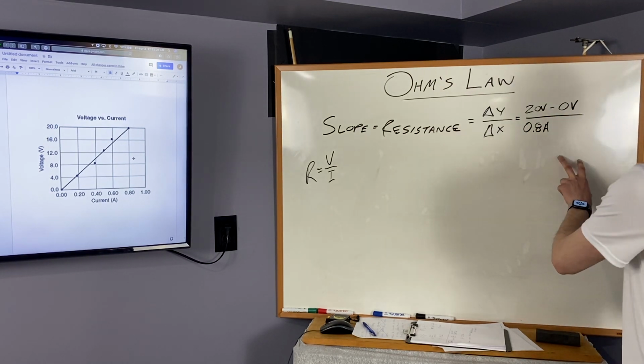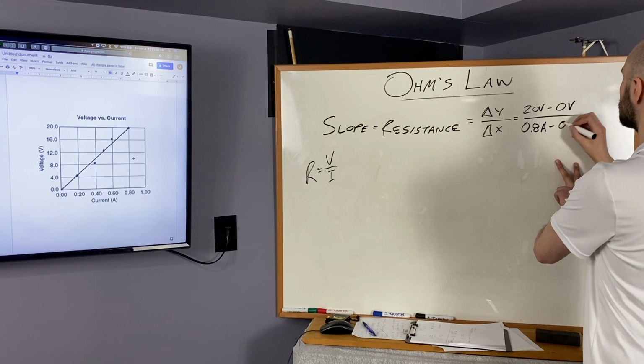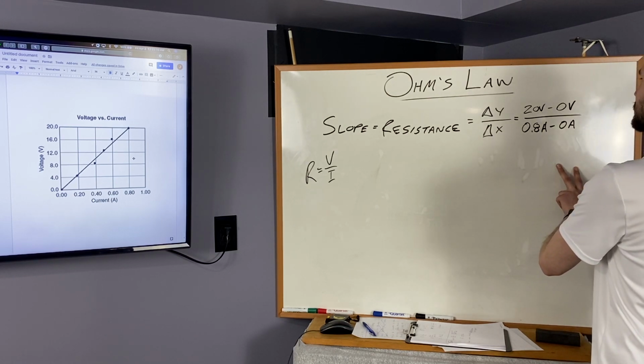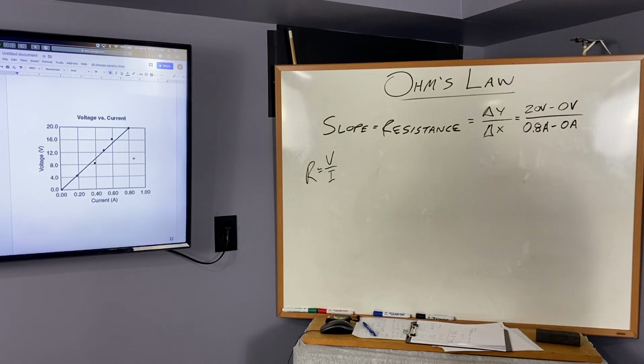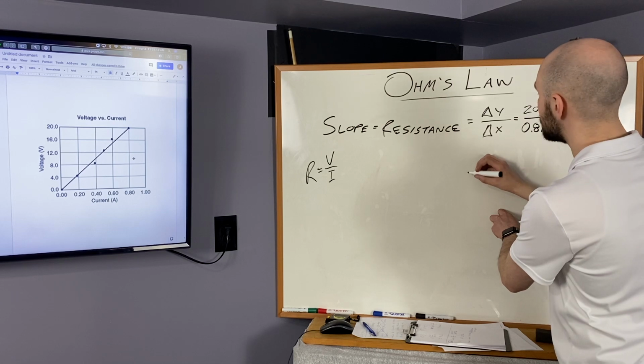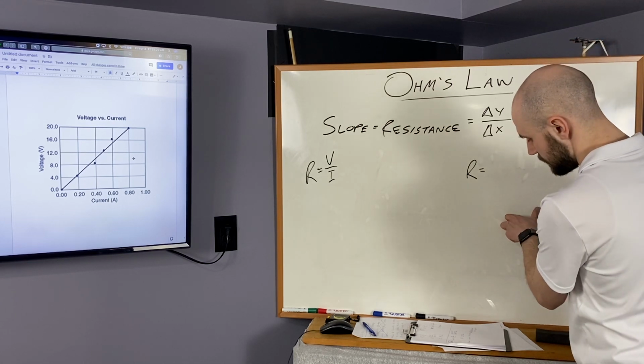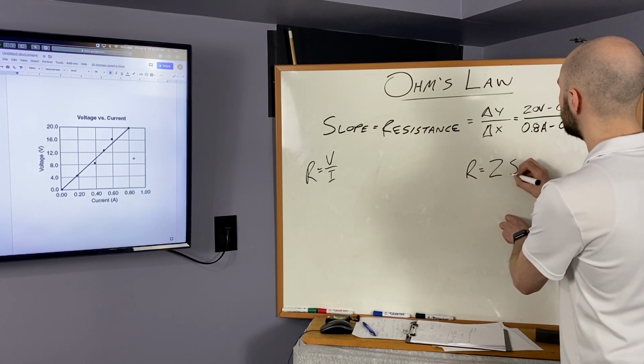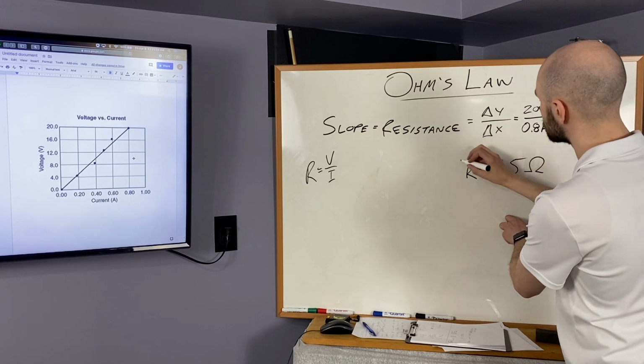That's 800 milliamps. When we work this out, 20 volts divided by 0.8 amps, we get a resistance of 25 ohms.